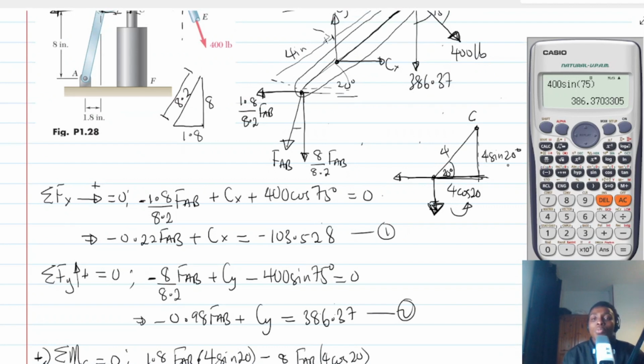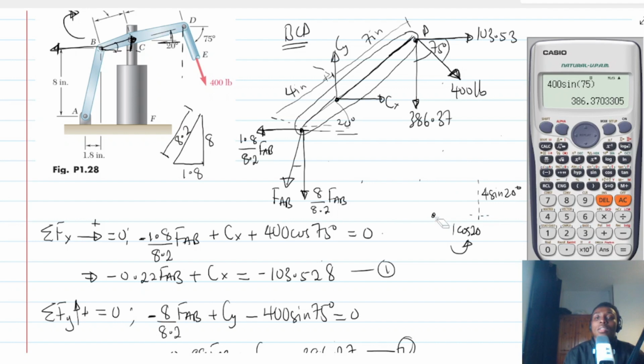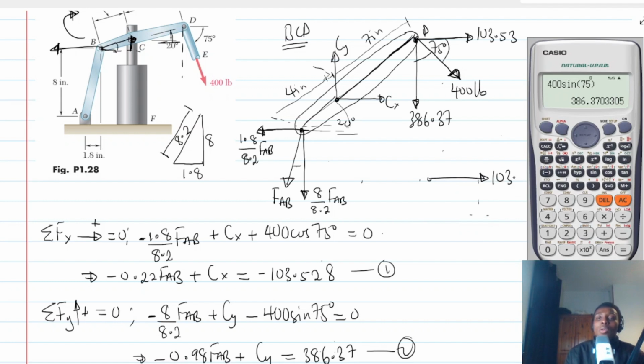Then we will move to the last part at D. So we have this one here, 103.53, and then we have 386.37, and then we are taking the moment all the way from C. So what we have to do is resolve, and then this is what we get.